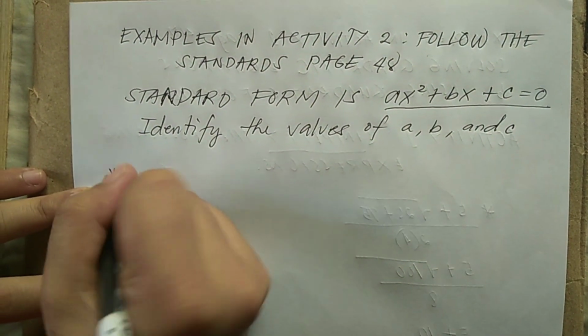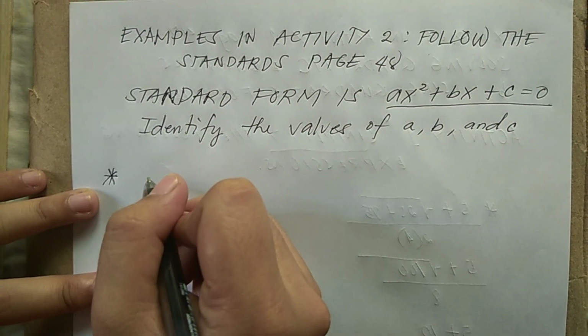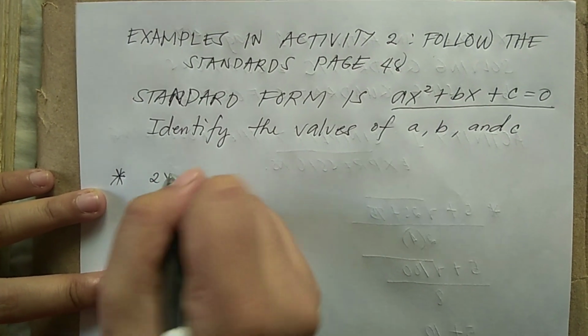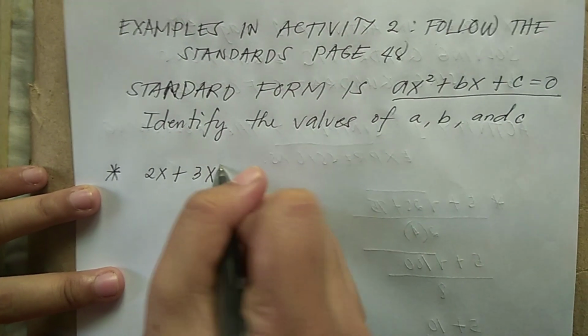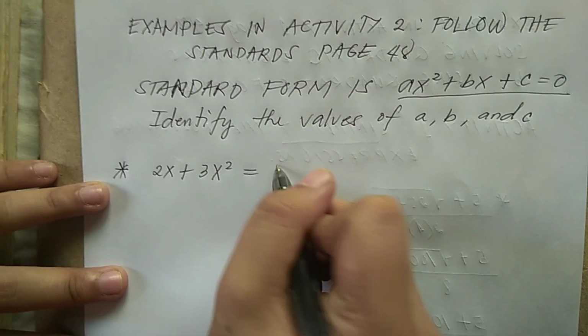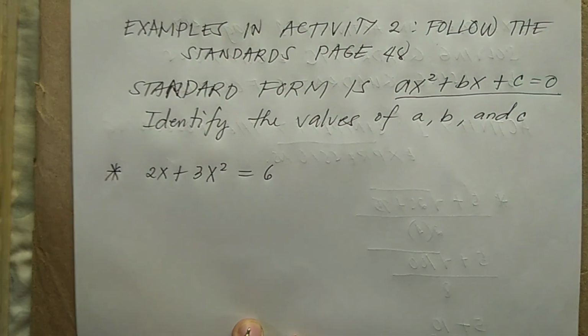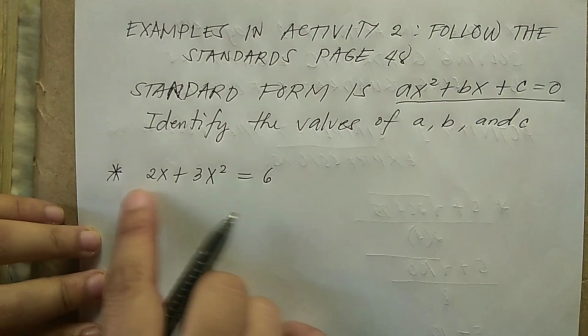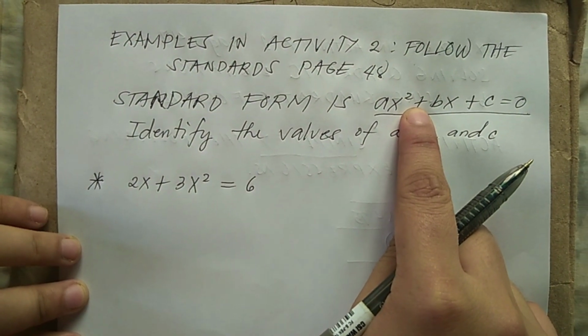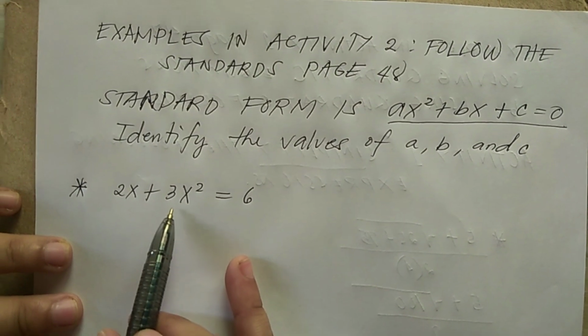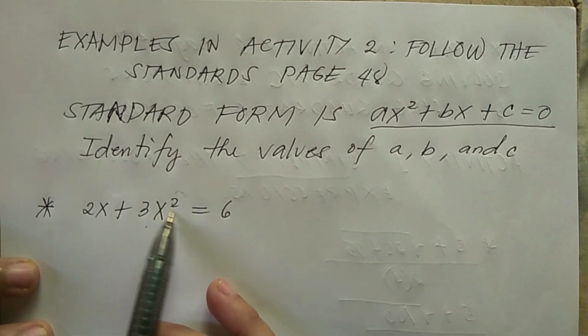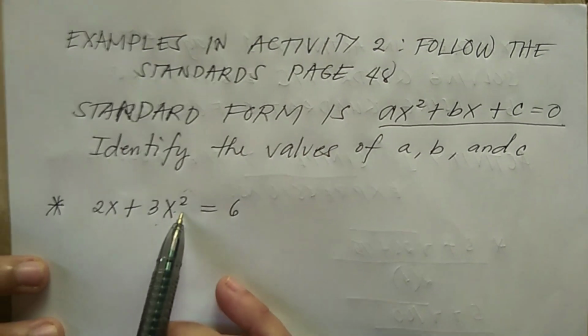So, first example, we have 2x plus 3x squared equals 6. So, we're going to arrange it into standard form. First, we write the quadratic term, which is the one with exponent 2.